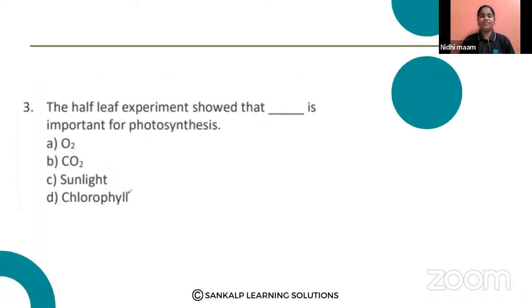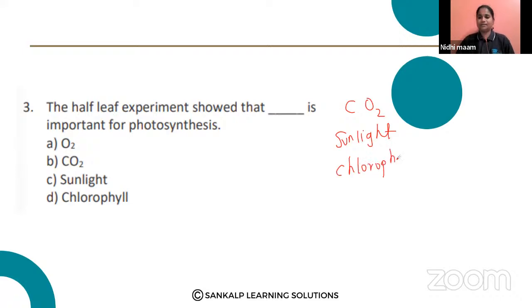Next question. The half-leaf experiment showed that dash is important for photosynthesis. So we have various factors which are important for photosynthesis, right? Carbon dioxide is necessary, sunlight is necessary, chlorophyll is necessary, water is necessary.